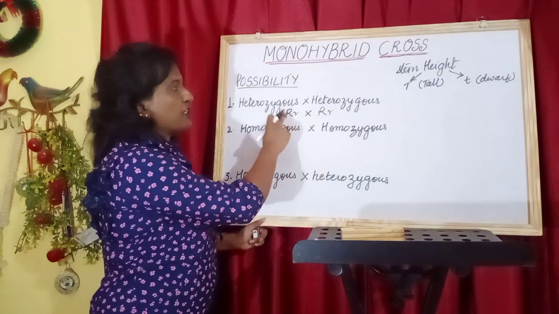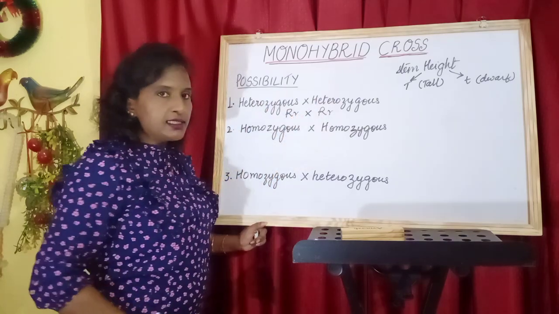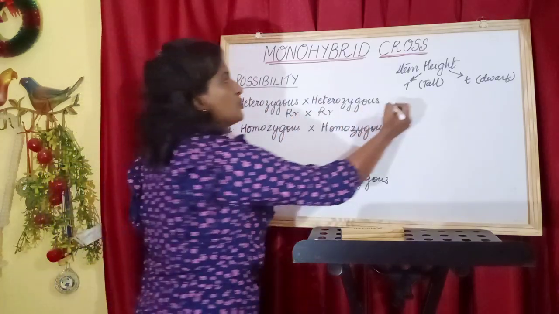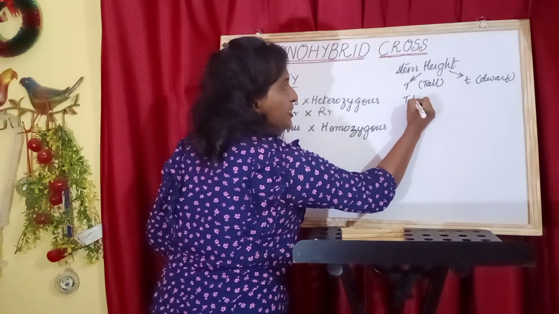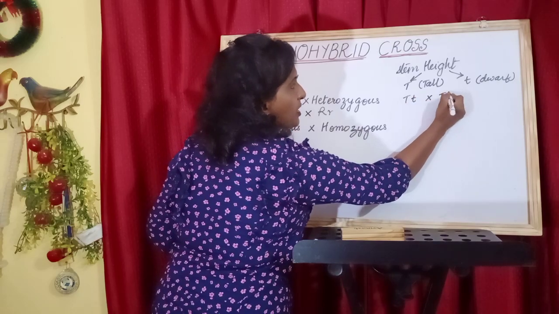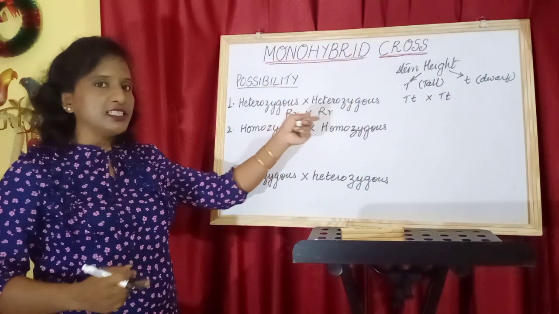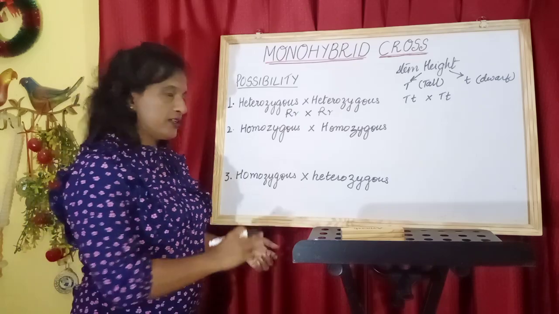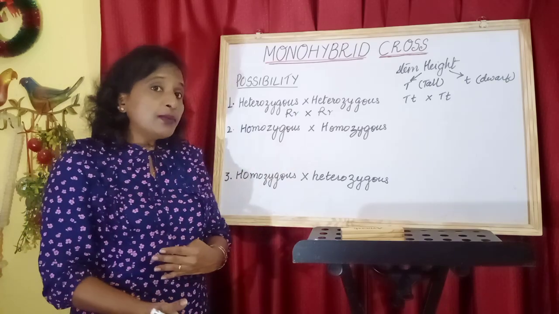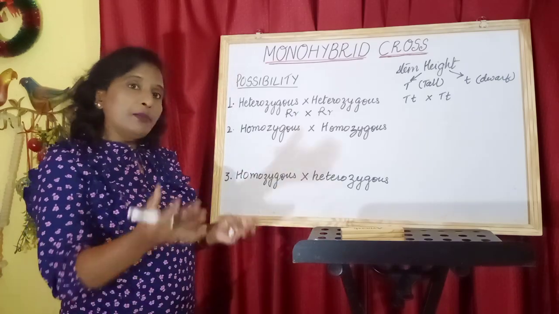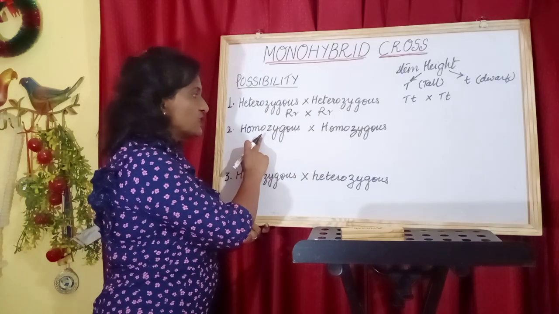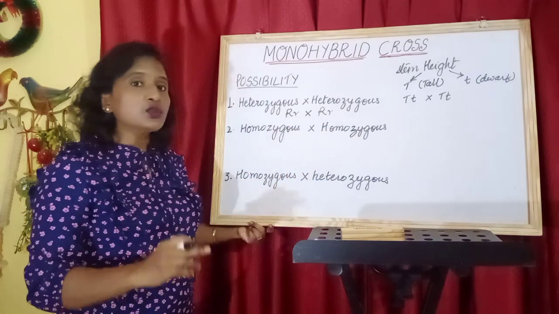Now if the question is asked heterozygous crossed with heterozygous, definitely it will be capital T small t crossed with capital T small t, as we had seen in the problem which we have solved.